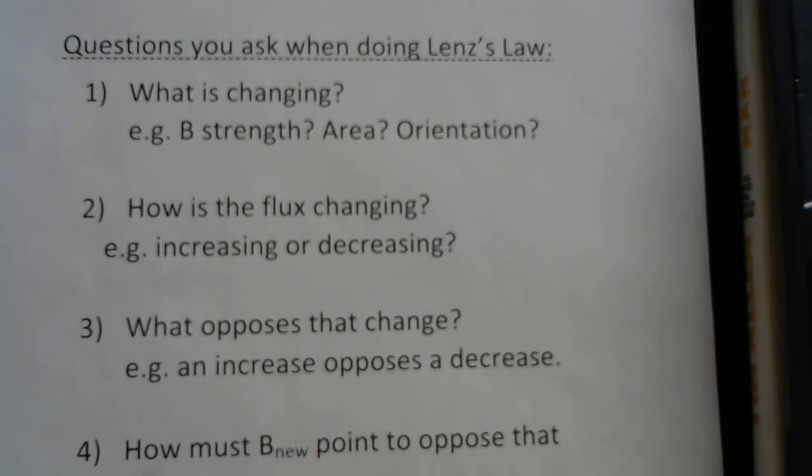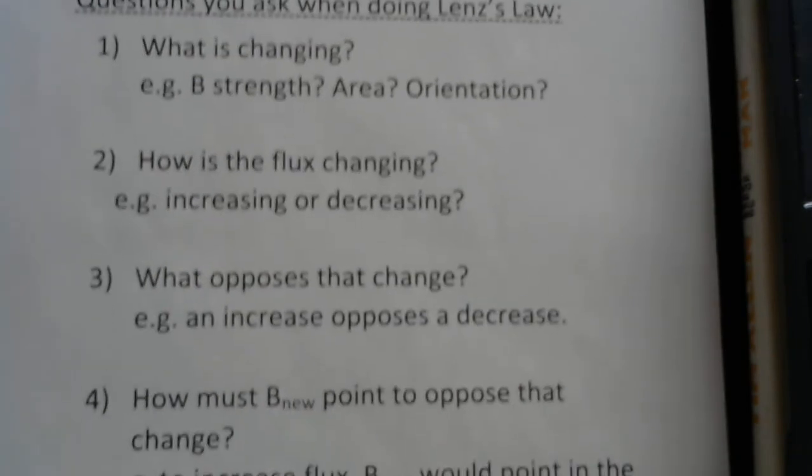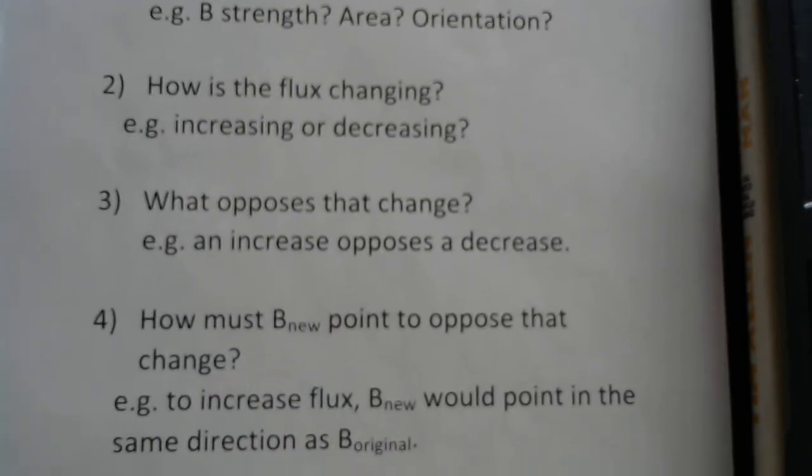So, once you know how you need to oppose the change, you ask yourself, what would the direction of the new magnetic field need to be in order to oppose that change? How do I get a decrease in flux by making a new magnetic field?